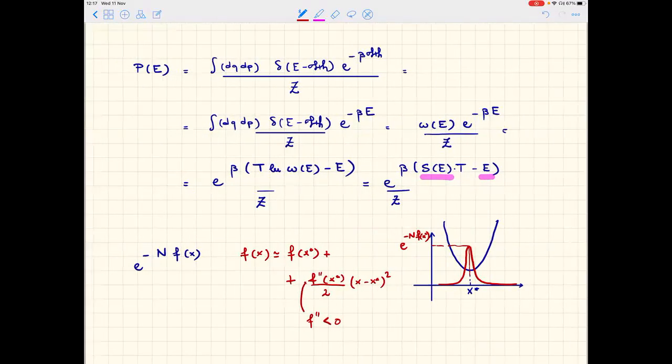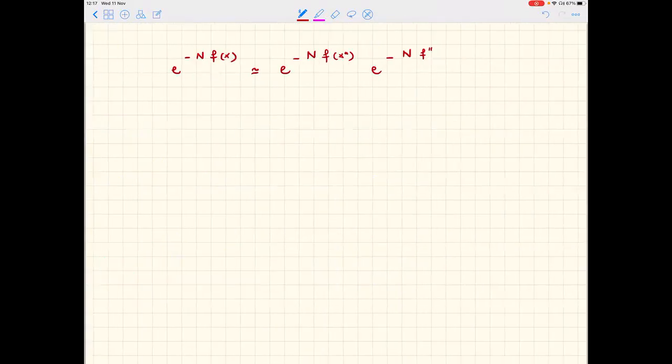Sorry, f double prime at a minimum is greater than 0. I apologize.